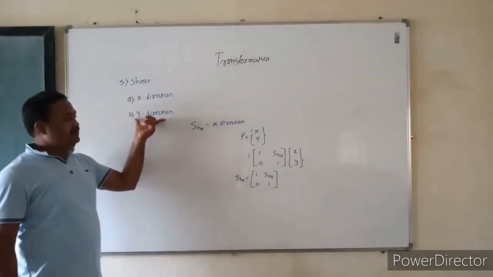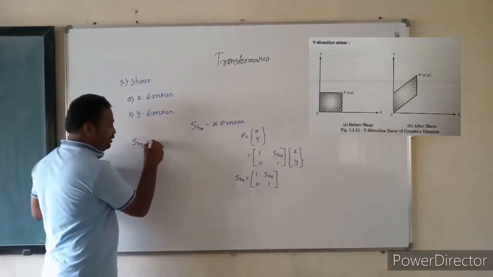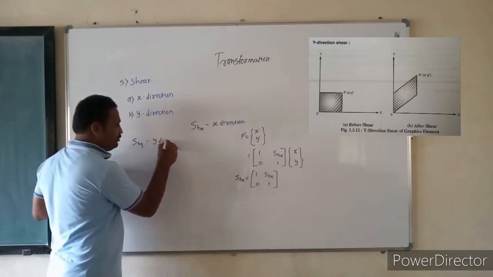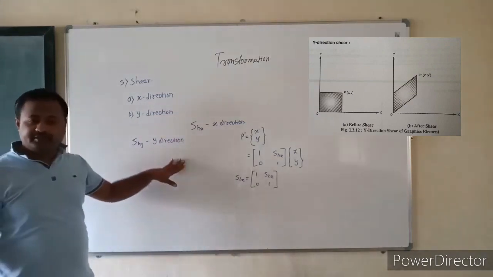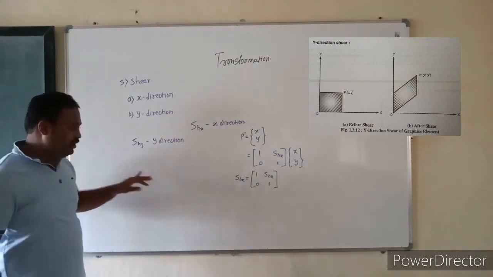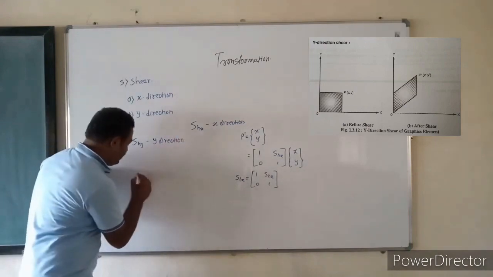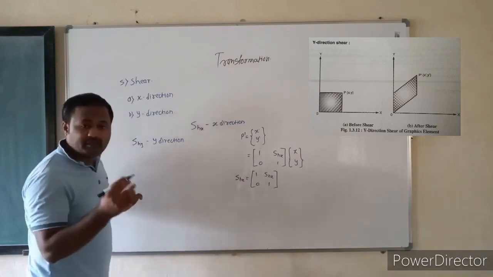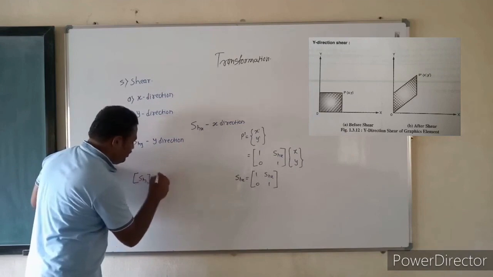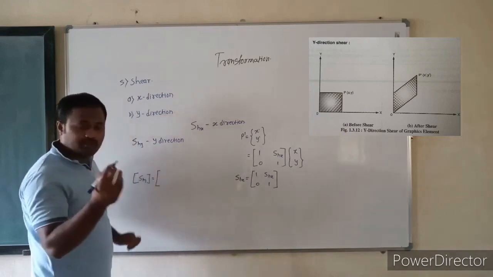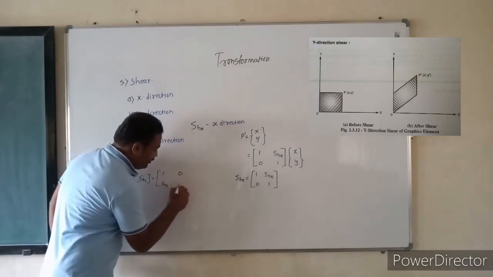Similarly, if it is shearing in y direction, then SHy is the y direction shearing. The matrix for finding the shearing in y direction, SHy, is equal to 1 0 SHy 1.